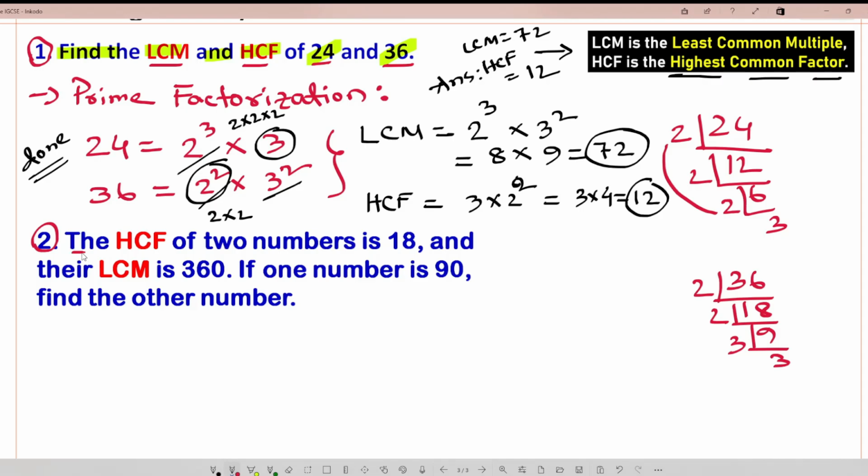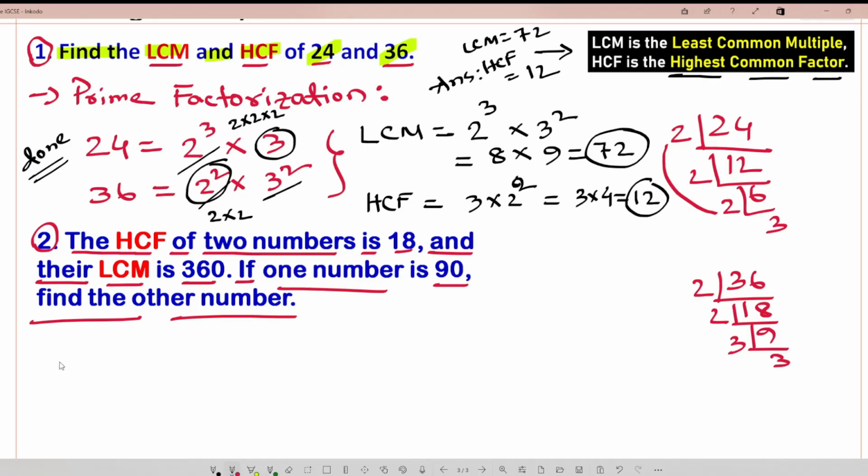Here is the second question. The HCF of two numbers is 18 and their LCM is 360. If one number is 90, find the other number.